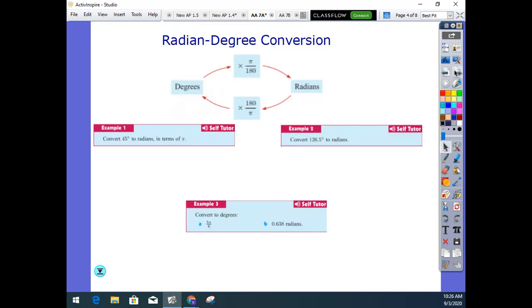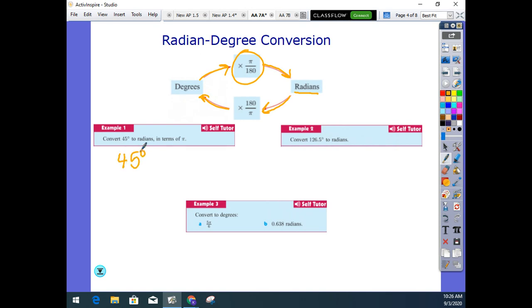All right, so if we want to just convert back and forth without graphing it, we're just going to use the relationship that pi is 180. If it's in degrees, you're going to multiply by pi over 180 to turn it into radians. If it's in radians, you multiply by 180 over pi to get degrees. So we're just going to use t-charts.